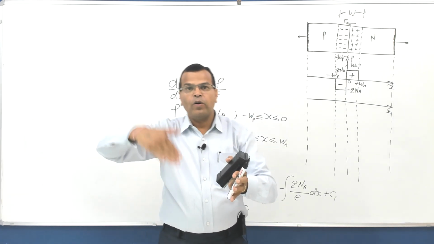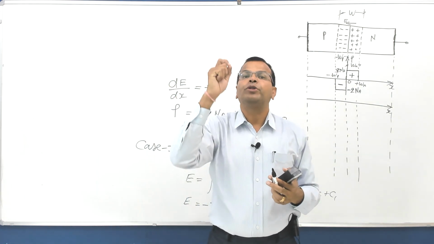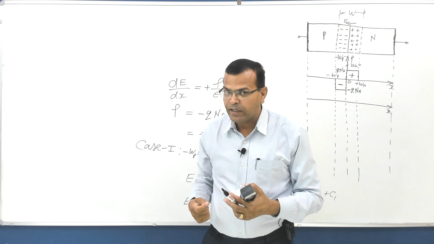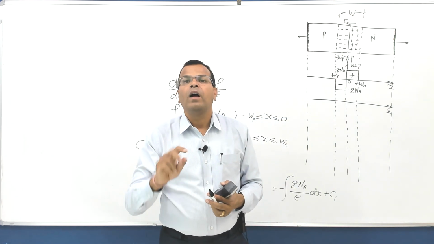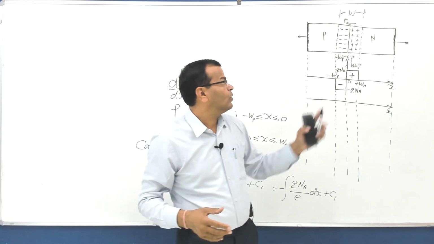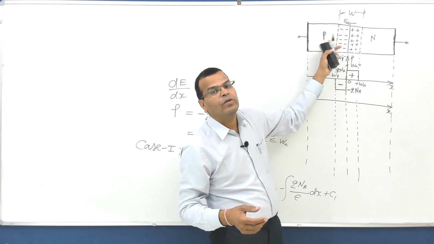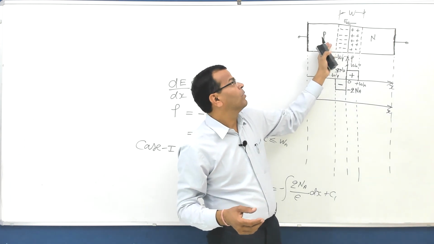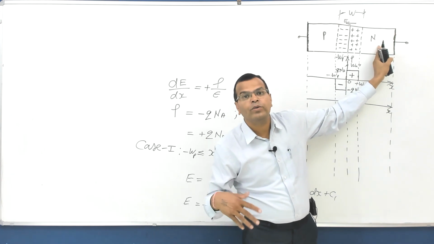The electric field on either side outside the capacitor is always zero. You should remember that concept of electromagnetics. I repeat, electric field outside a parallel plate capacitor is zero. So if you consider it just like a parallel plate capacitor, electric field on this side is zero, because there are no stored charges here. Electric field on this side is zero, there are no stored charges here.